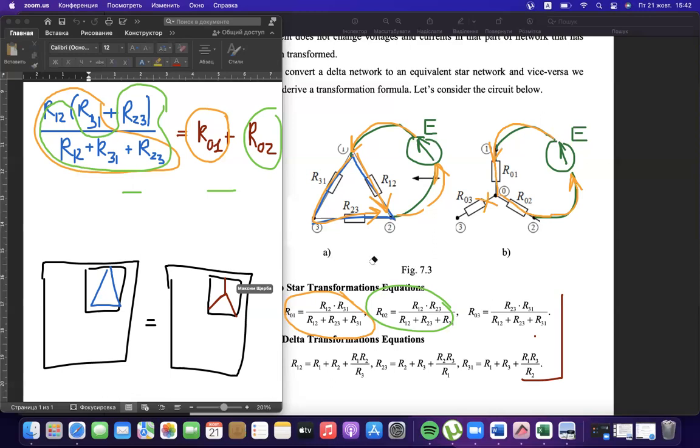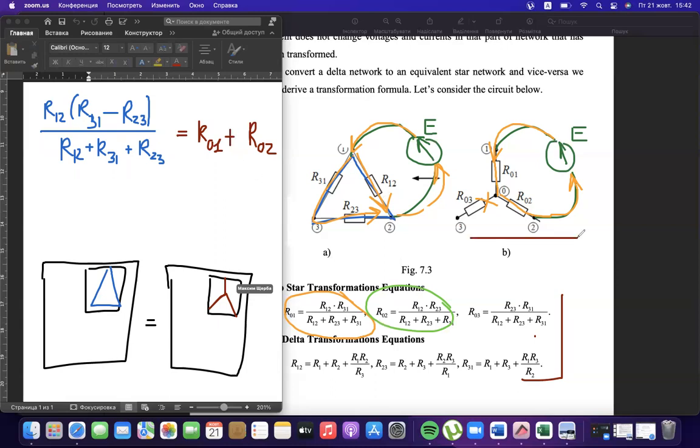And if we try to write the total resistivity of this system, what do we have at the right? At the right, we have a combination of 2 serial resistances, R1 plus R2. At the left, we have a combination of parallels, like here.